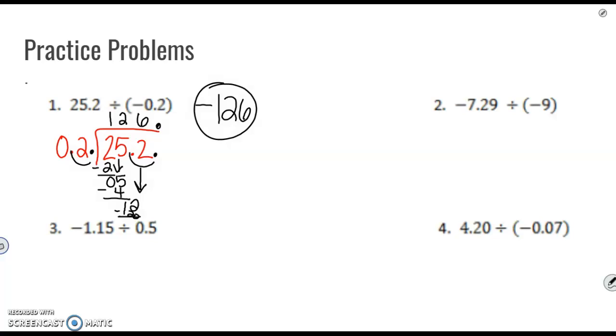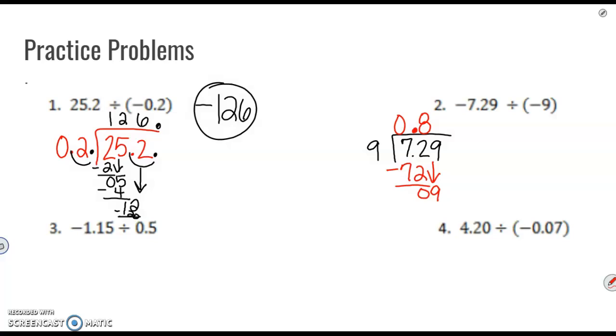Let's look at number 2 together. My signs are the same, so my answer will be positive. 7 and 29/100ths will go inside the box, and 9 goes outside. I do not need to move the decimal in my divisor because there isn't one, so I'm just going to place the decimal in my quotient. 9 cannot divide into 7, but 9 will divide into 72 8 times. 8 times 9 is 72 with 0 left.